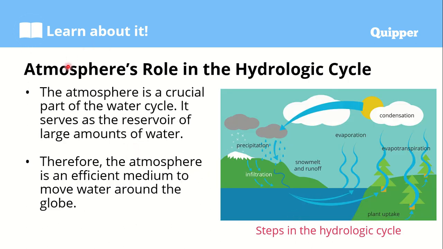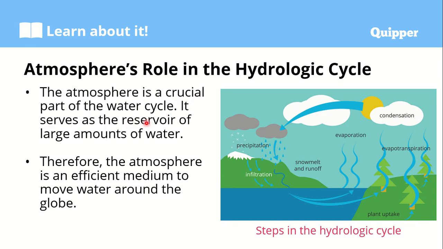Now, let us take a look at the atmosphere's role in the hydrologic cycle or water cycle. So, unsa ang role ni atmosphere para mahitabo ang water cycle? The atmosphere is a crucial part of the water cycle.